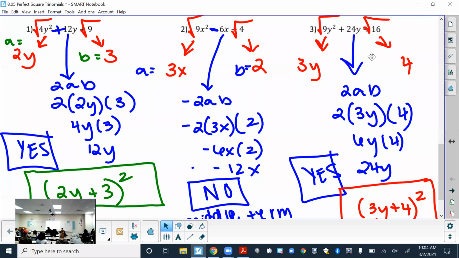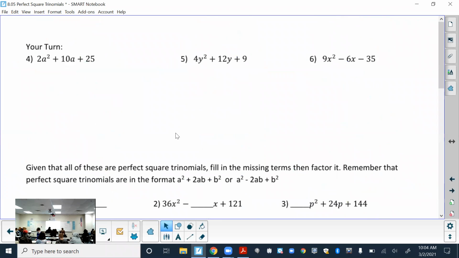All right, so let's see if you guys were correct. Is number 4 a perfect square trinomial? Yeah. So let's see, there's some disagreement. Take the square root of the first and the last term. What's the square root of 2a squared? 1 times 1 equals 1, not 2.